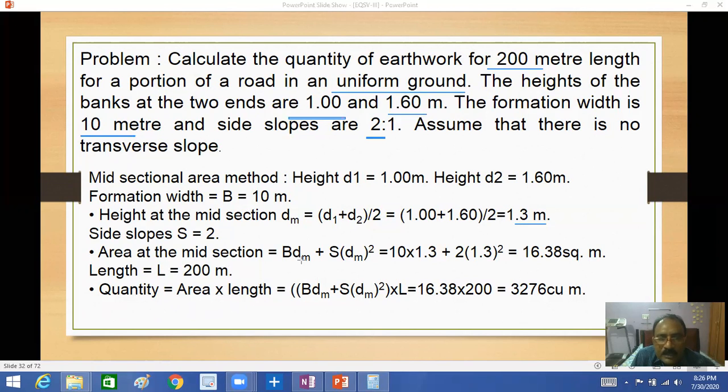Now the area of the mid section is B DM plus S DM squared, which is 10 into 1.3 plus 2 into 1.3 whole squared, equal to 16.38 square meters. The quantity, or volume, is area into length, so the mid section area 16.38 into 200.